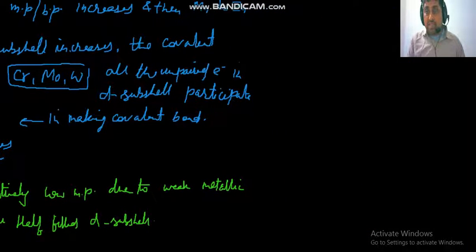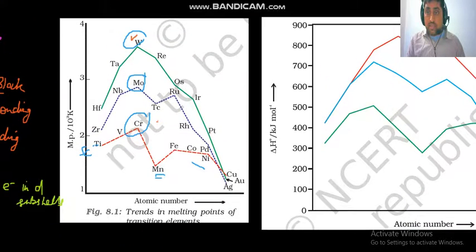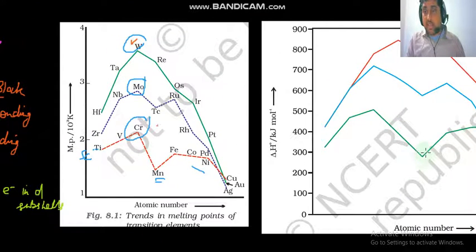If you see the trend in the enthalpy of atomization, here it is manganese. So the atomization enthalpy of manganese is also low, because of the exactly half-filled d5 electronic configuration.